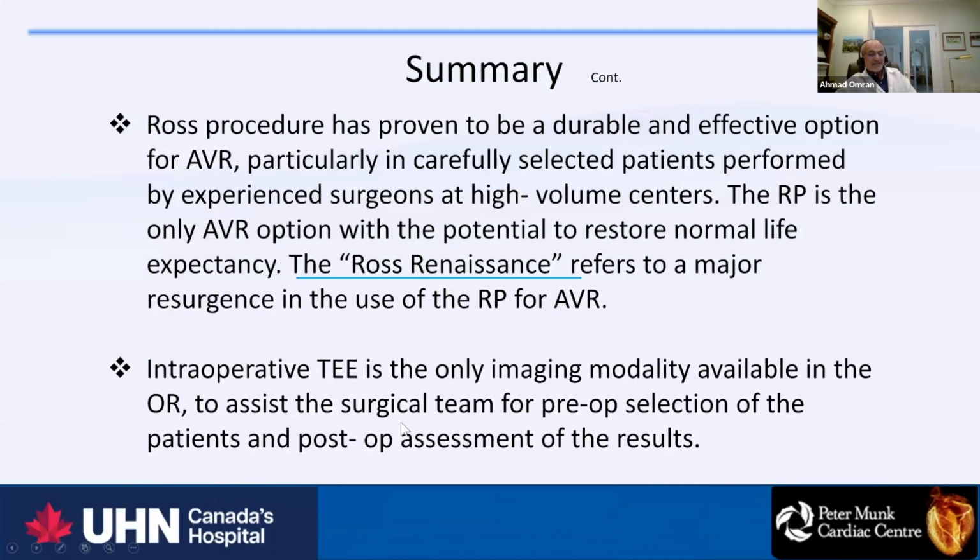I just want to emphasize here that especially for Ross, CT still doesn't have a very big role, and we are safe in the OR, because CT measurement of the pulmonic valve usually overestimates, about 5 millimeter. The doctors do CT for patients pre-op, but mainly for the aortic root. For the pulmonic root, the only place to measure it and assess the pulmonic valve is the echo and the TEE.